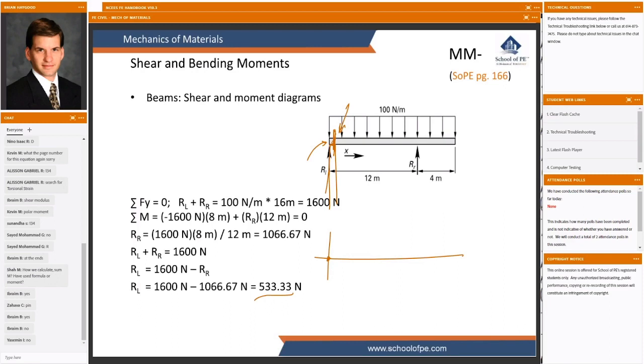So if I cut this at the 8-inch mark, I would see 533 newtons worth of shear at that 8-inch mark. And it turns out that as I go across my support, that shear varies linearly, so my shear diagram would start at 0 and rise up to 533 over the width of that support. If that support were twice as wide or 4 times as wide, then this slope would change. I would be distributing that across a wider area.